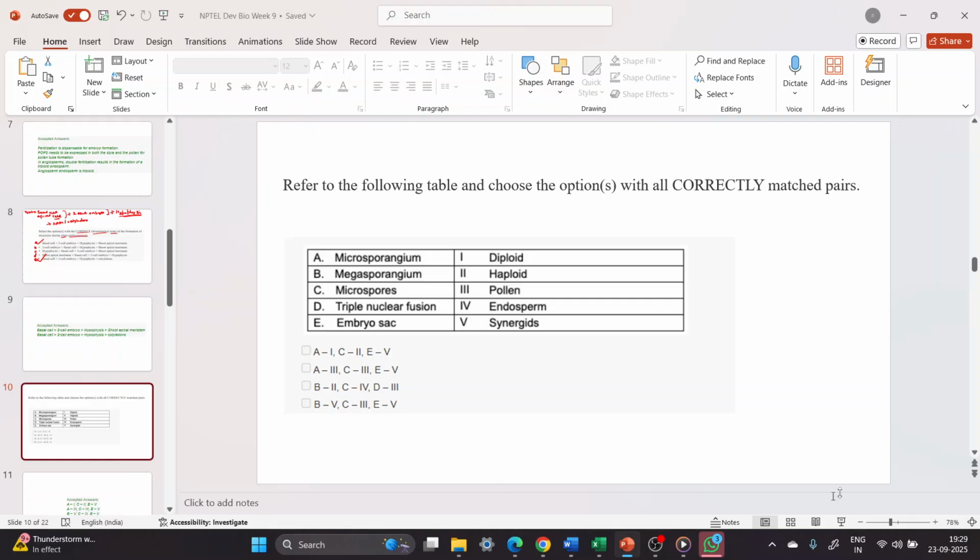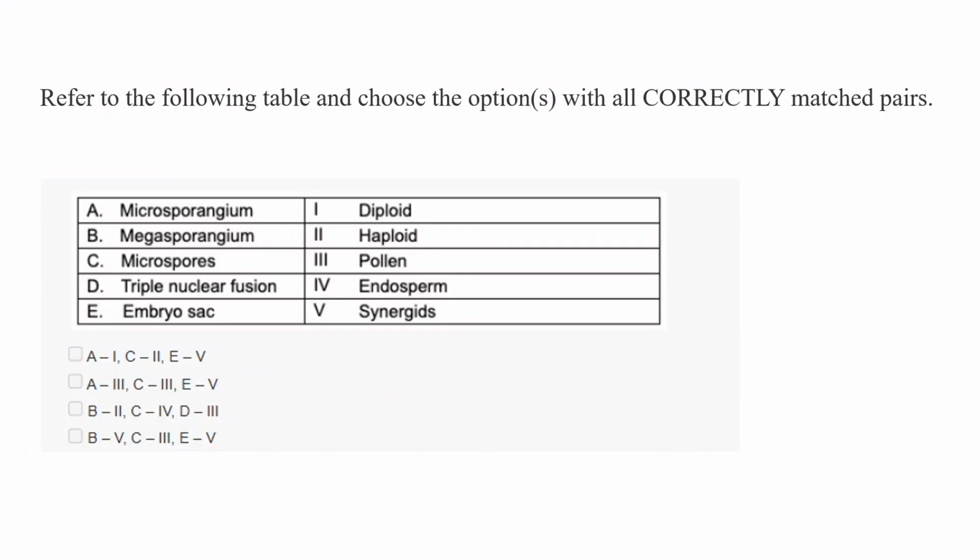Next. Refer to the following table and choose the option with all correctly matched pairs.